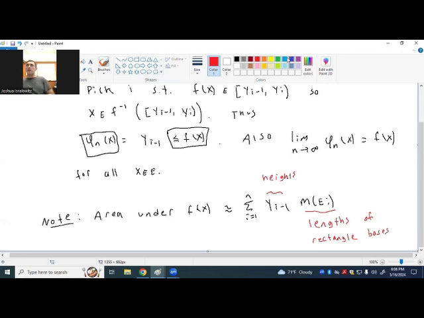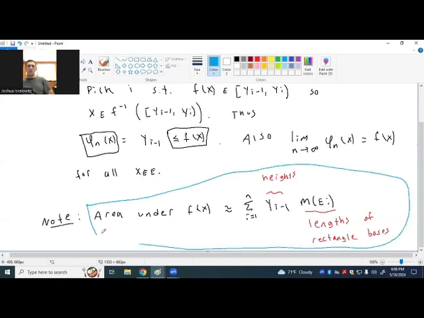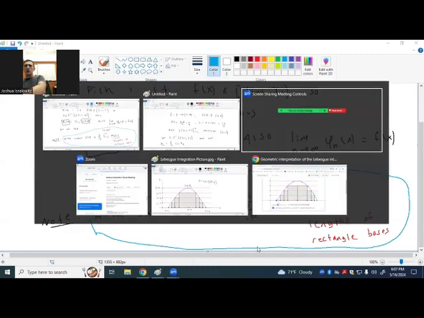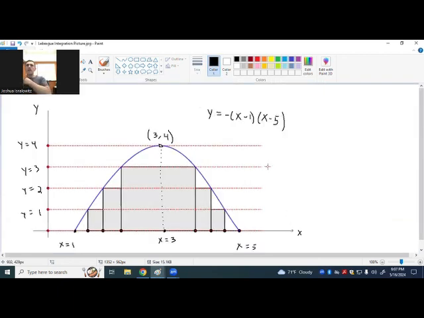So let me immediately put up a picture so that this makes any sense whatsoever. Here is the picture I have. Let's say y is a nice parabola, minus (x minus 1) times (x minus 5).